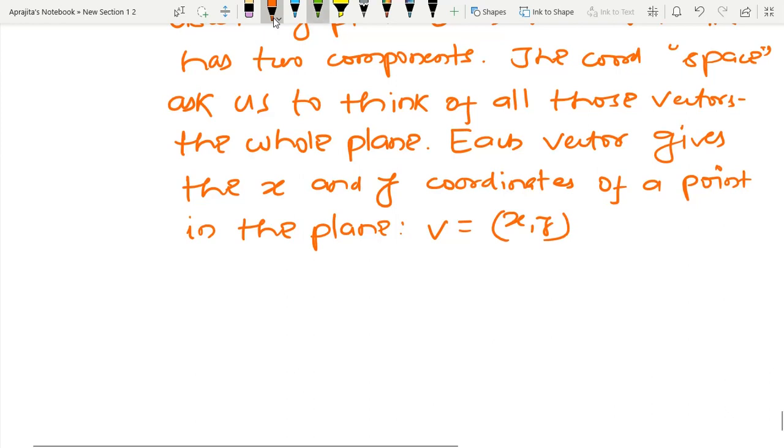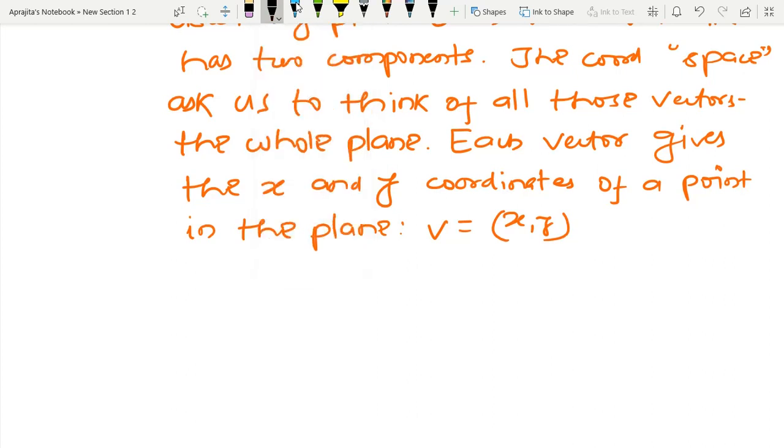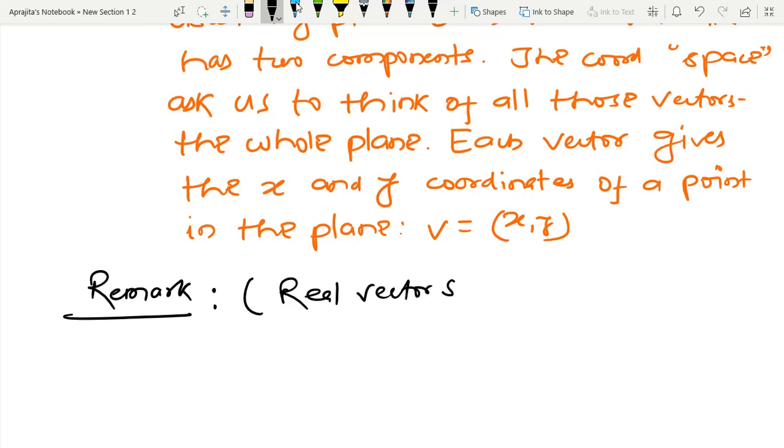One more important point I am going to highlight here, which I have used several times in this course. So I am going to write it in the form of a remark. I was talking about real vector space, and I have already told you several times why we focus on the real vector space.